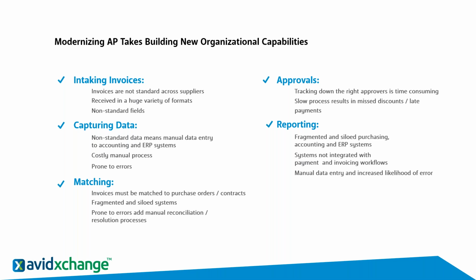Capturing the data is very costly. Really, this manual process of taking the data from your paper or emails and putting it into your ERP is very time-consuming, especially if those that are out there are taking the emails and printing them from the PDF versions. That's a huge step.